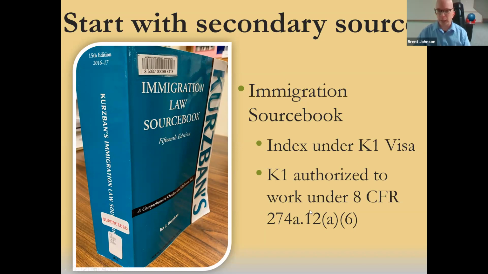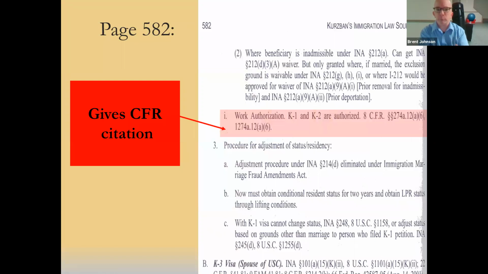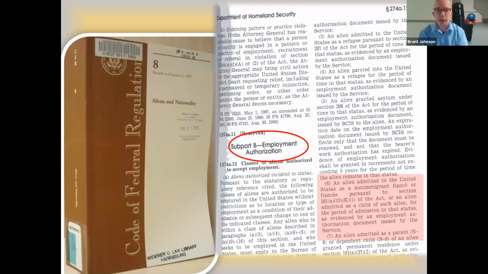I used the index under K-1 and found out that the K-1 visa is work authorized under a specific CFR citation. Here's my index screenshot. It tells me to go to page 582. From page 582, I get my 8 CFR 274A citation, and then I can take my CFR site.